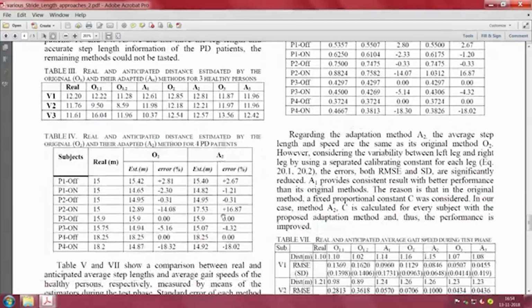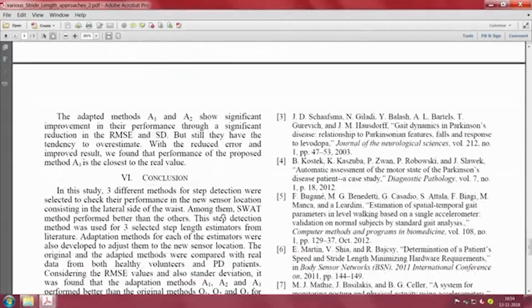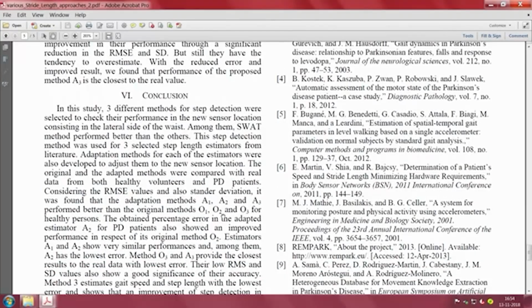They present these results, and they talk about 3 different methods for step detection and their associated performances, then strength and weakness assessments, sensor location, where you should put it, and all that, and then there are also 3 selected step length estimators from the literature that they look up, then adaptation methods for each of the estimators.